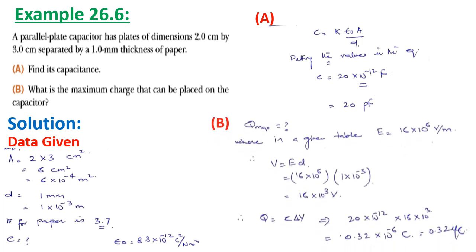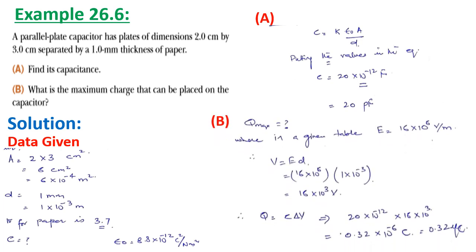Now for part B, we have to find the maximum charge that can be placed on the capacitor. So we have to find Q. Again, this E for paper will be given because it's a constant, and its value is given according to the dielectric used. So we know the value of E, we know the value of D. Easily we can find V over here. V is equal to ED.